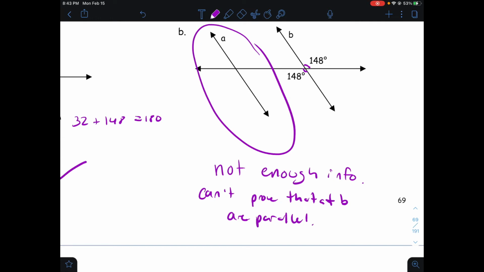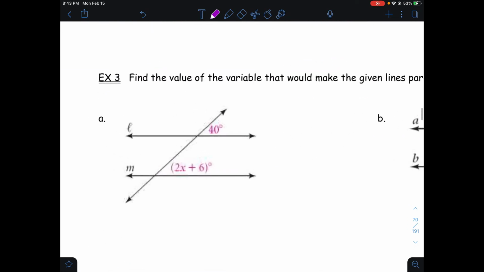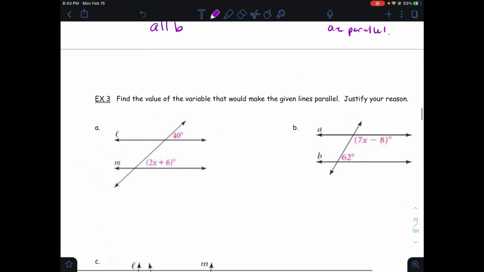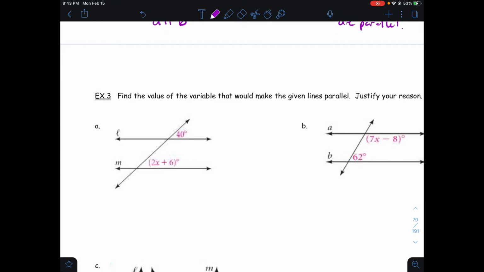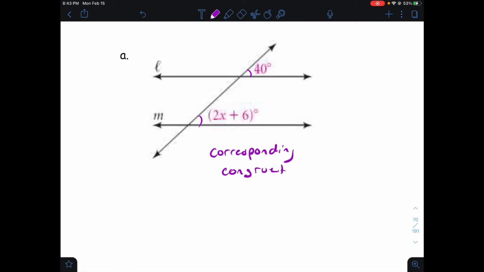All right. So next one. It says, find the value of the variable that would make these lines parallel. Justify your answer. So now they're saying, okay, we want them to be parallel. We want to show, yes, these are parallel. What would make that true? Well, if we look, we've got two kinds of angles here. These are corresponding. All right. And corresponding angles are congruent. So I should say they are congruent when you've got parallel lines.